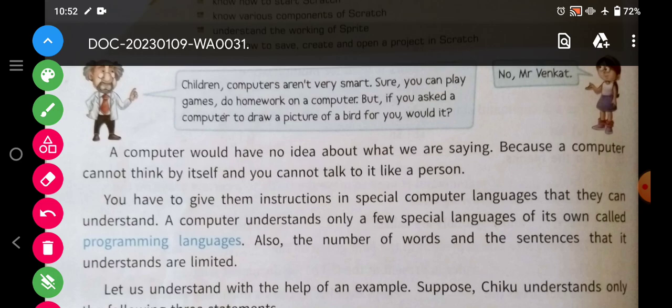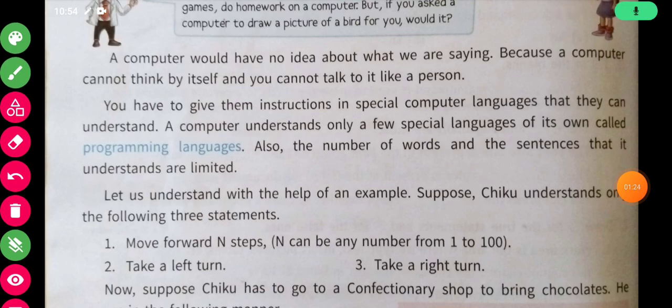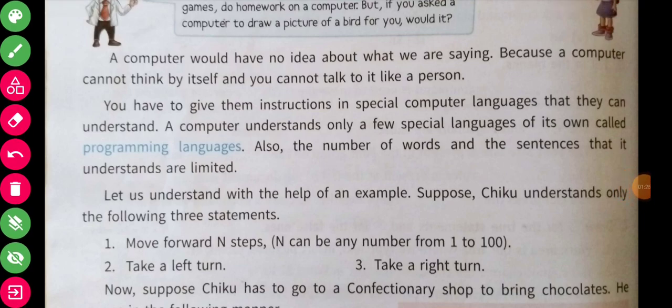So when we work on a computer, it needs our instructions, like our program. So you have to give them instructions in a special computer language that they can understand. A computer understands only a few special languages of its own, called programming language.